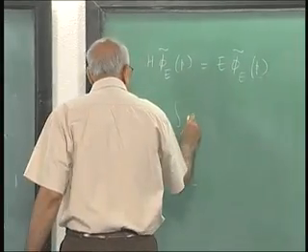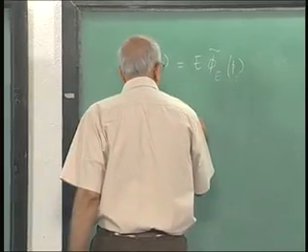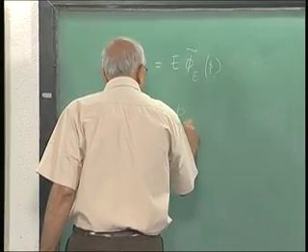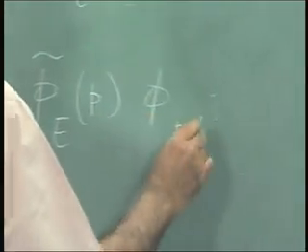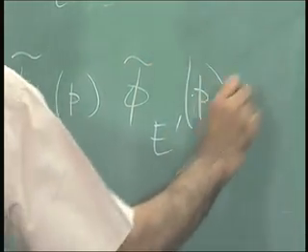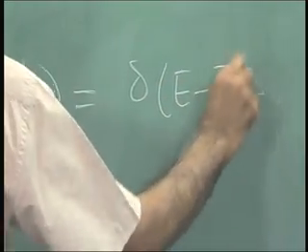So the normalization condition would be the integral dP from minus infinity to infinity of phi E tilde of P times phi E prime tilde of P should be equal to delta of E minus E prime.